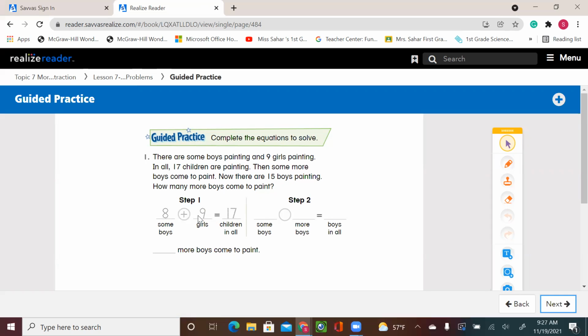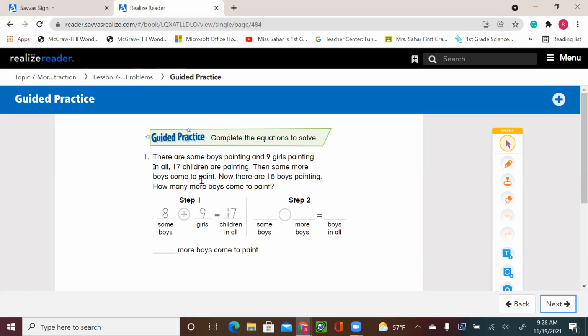So I know that 8 plus 9 equals 17, because if I go to my doubles and near doubles, that's easy. All right, so 8 plus 9 equals 17. I know that out of the 17, 9 are girls, that means there are 8 boys and 9 girls. In total, 17.